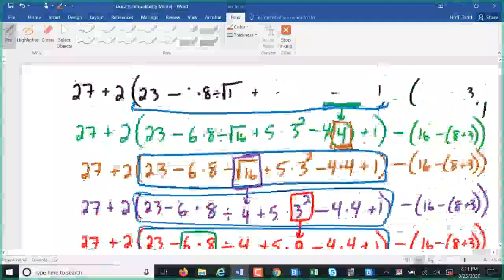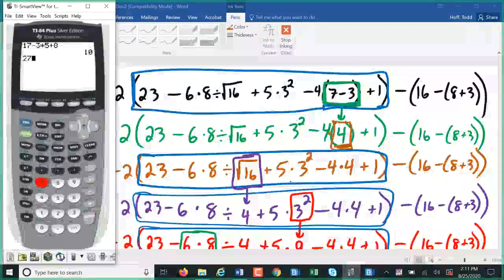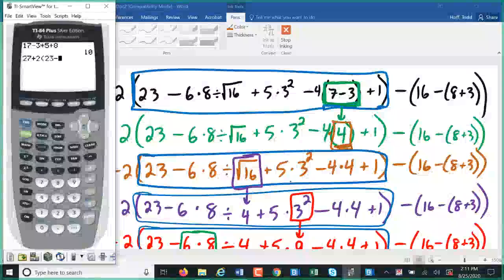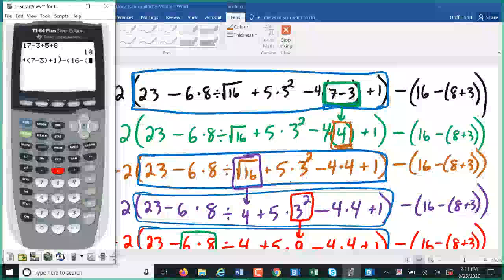Even this ugly beast that we did, I can do 27 plus 2 parentheses 23 minus 6 times 8 divided by the square root of 16 plus 5 times 3 squared minus 4 parentheses 7 minus 3 parentheses plus 1 parentheses minus parentheses 16 minus parentheses.